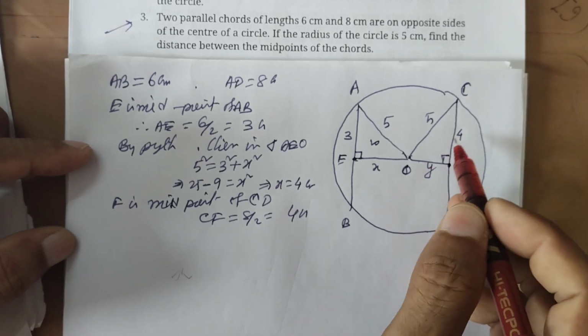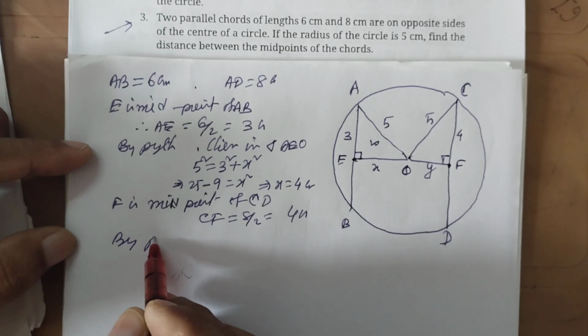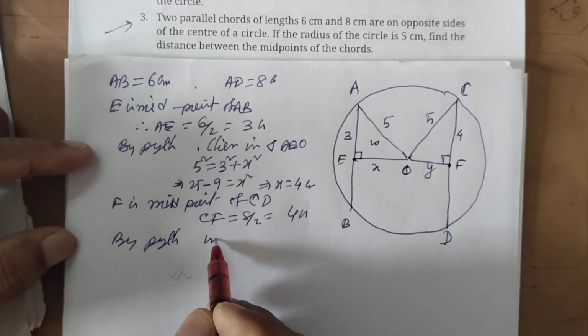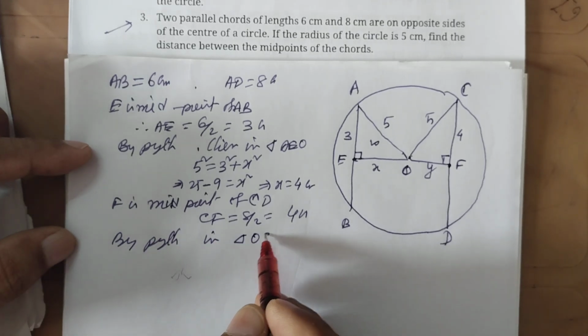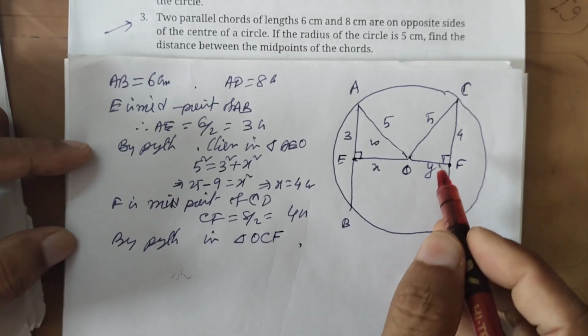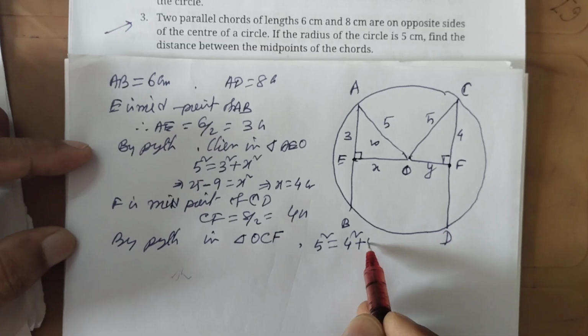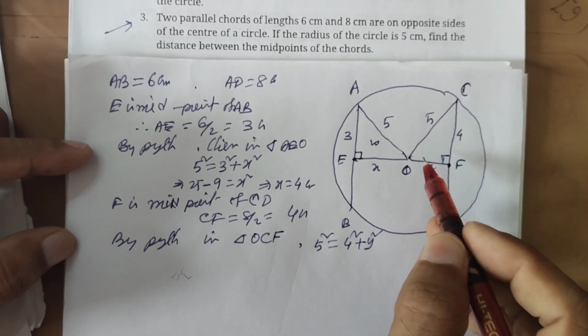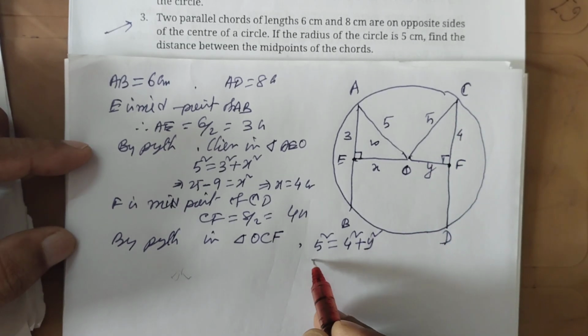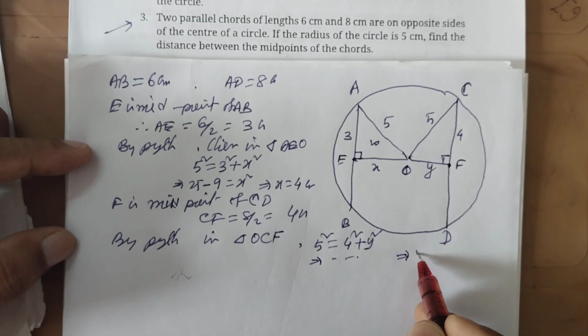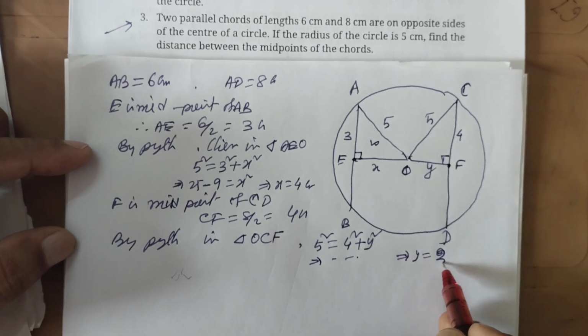And again you can use the Pythagoras theorem. In triangle OCF, what will you get? 5 square is equal to 4 square plus y square. You simplify, and from here you will get y equal to 3 centimeter.